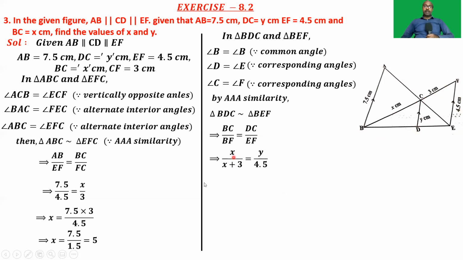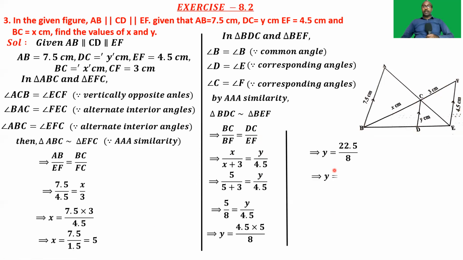Also, we have X is equal to 5. So, by substituting X is equal to 5, we get 5/8 is equal to Y/4.5. And by simplifying this equation, we get Y is equal to 2.8 approximately. So the values of X and Y are 5 and 2.8 centimeters.